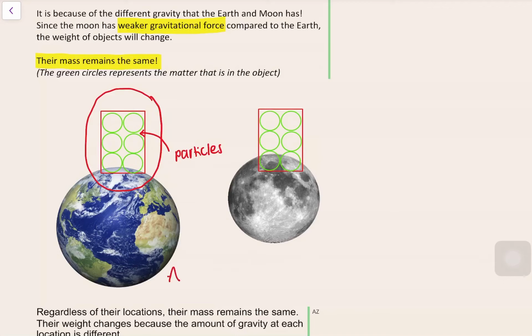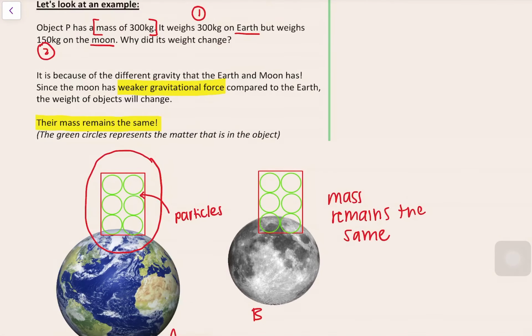So you see in this diagram A and B, in A, the square object is made out of 6 circles. When we move it to the moon, the object is still made out of 6 circles. Therefore, mass remains the same.